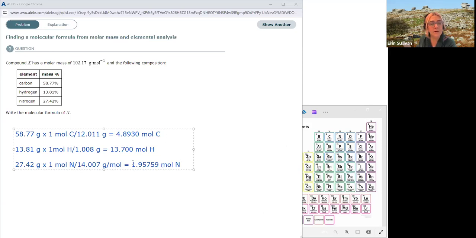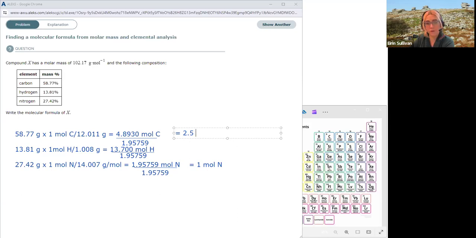Okay, so to get the smallest whole number ratio, I'm going to divide through, in this case, by the number of moles of nitrogen. That forces my nitrogen to be the 1 in the ratio. So that equals 1 mole of nitrogen. What about the carbon then? 4.893 divided by 1.95759 is 2.4995.